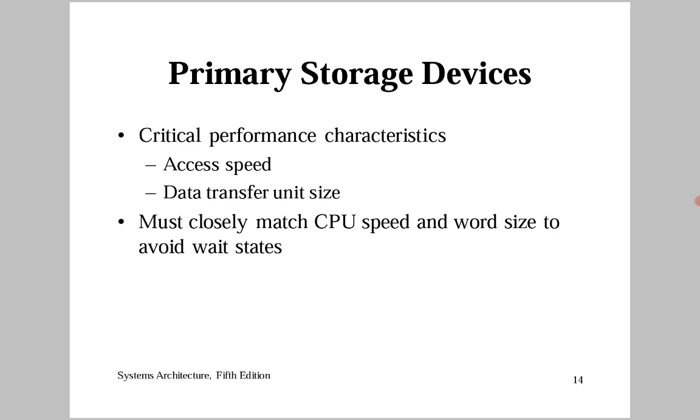The critical performance characteristics are access speed and data transfer rate, and they must closely match CPU speed and word size to avoid wait states. The main difference between primary and secondary storage devices is access speed.